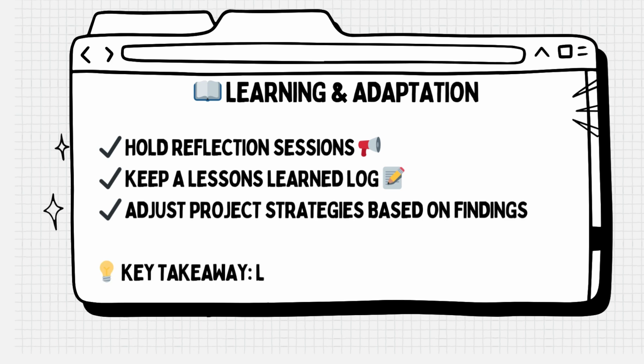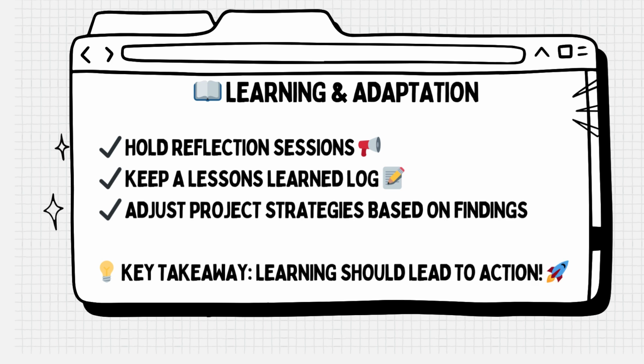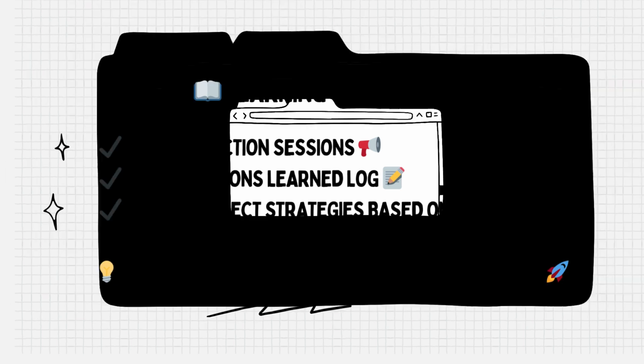Keeping a lessons learned log that documents insights systematically to inform future projects. Adjusting project strategies using findings to refine approaches, optimize resources, and enhance impact. Learning is only valuable when it leads to action, using insights to make meaningful improvements.